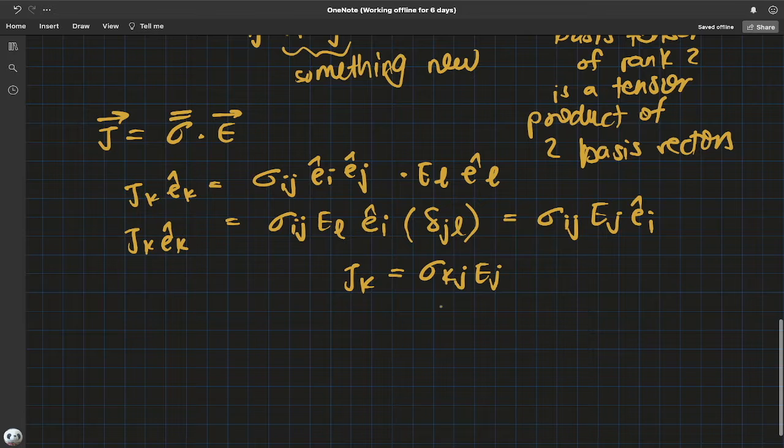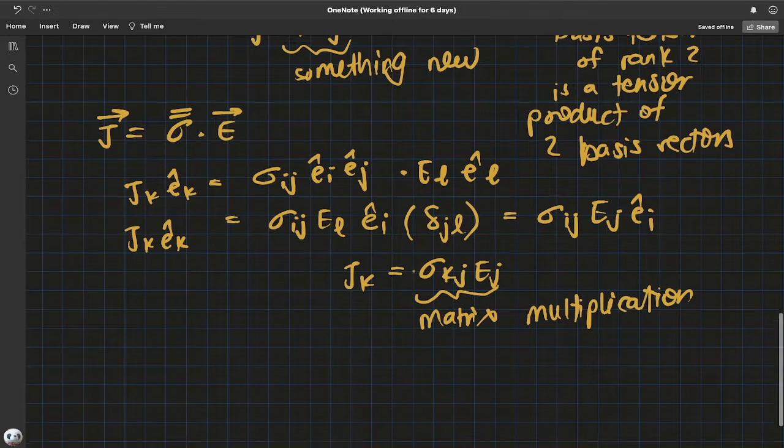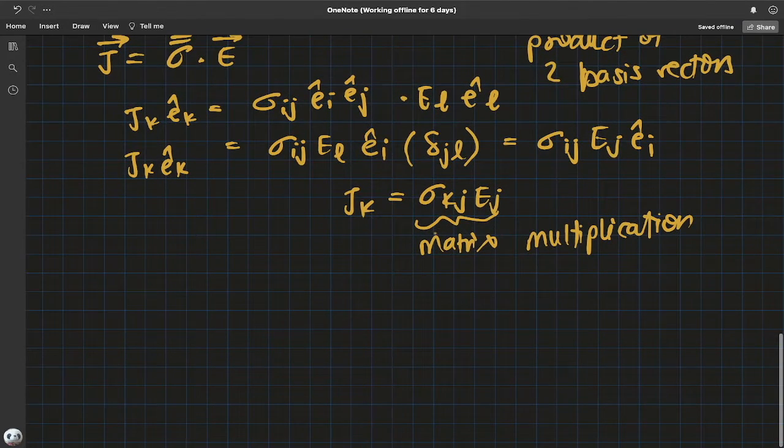You notice this matrix multiplication going on, which clearly says that the matrix representation for a rank 2 tensor is appropriate because it satisfies the properties we would expect of matrix multiplication. If you remember, this was the expression for a matrix multiplication using subscript summation convention. Please watch the first video if you don't know what's going on here.